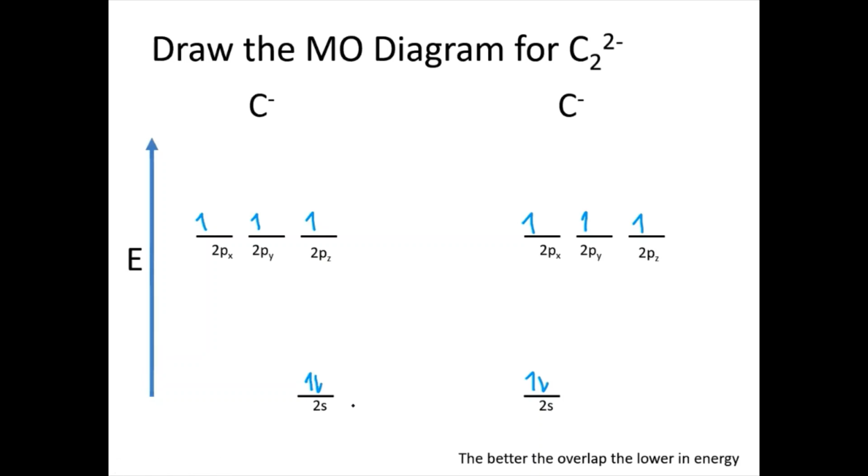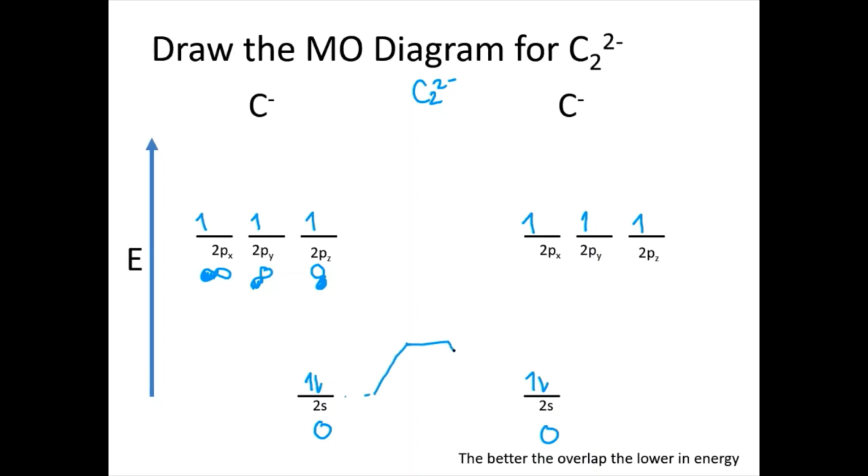And so when I overlap these to form this C2 2 minus, I need to think about how these orbitals overlap each other. And pz is this way, and s is the circle, right? So I have the 2s, these two come together.